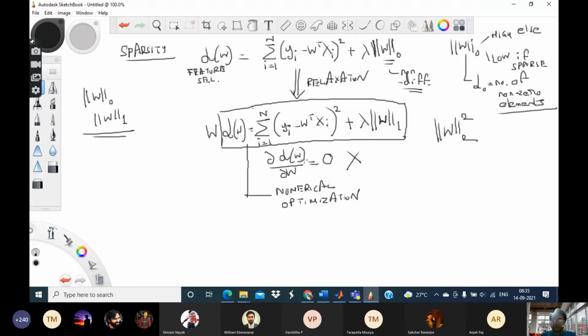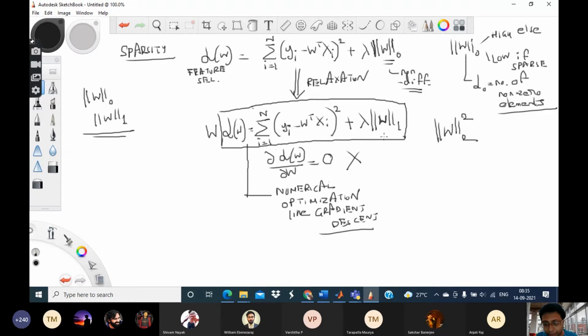As of now, let us just say that this problem I can solve with the help of numerical optimization like gradient descent.